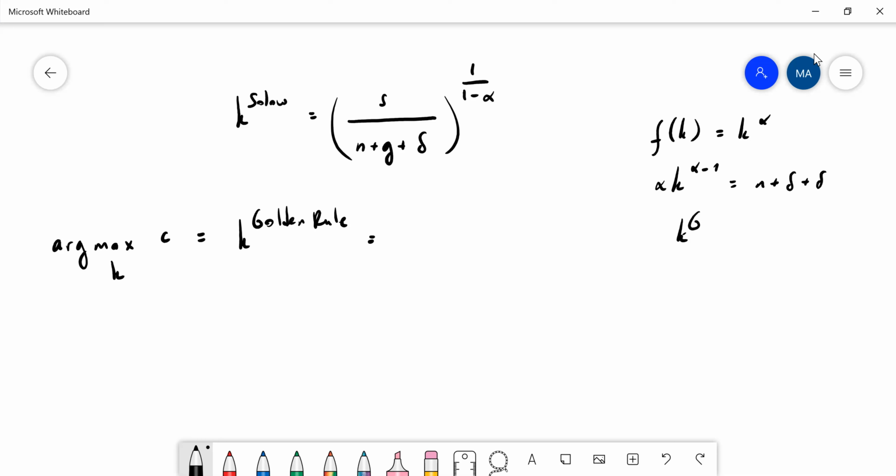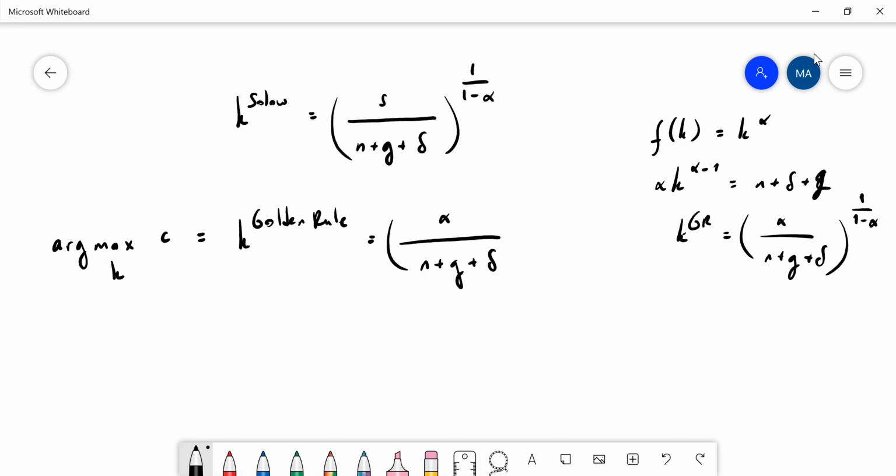So K golden rule will be (alpha divided by (n plus g plus delta)) to the power 1 over 1 minus alpha.